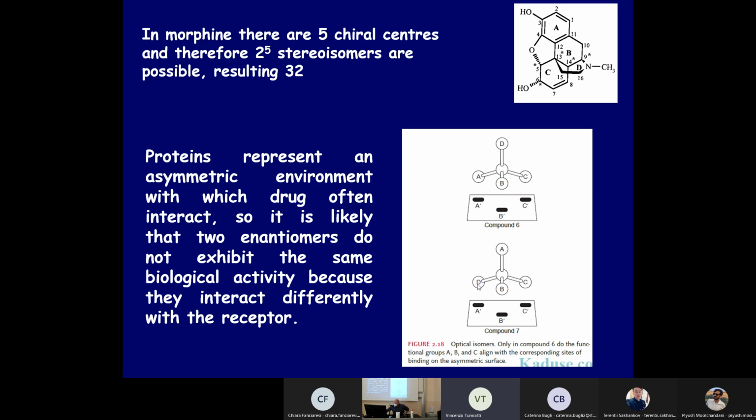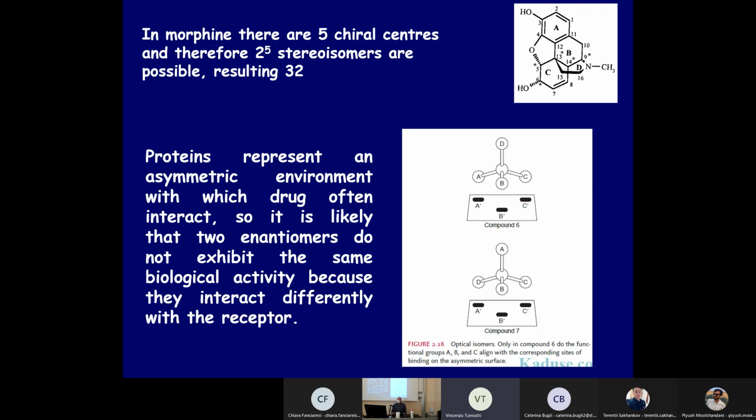In this case, D should interact with A, and so B with B, C with C, okay, but D with A is not possible. So in this case, we have not an optimal interaction with the target.